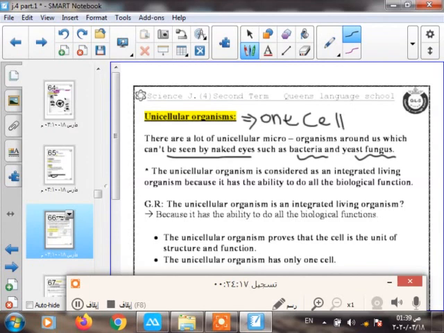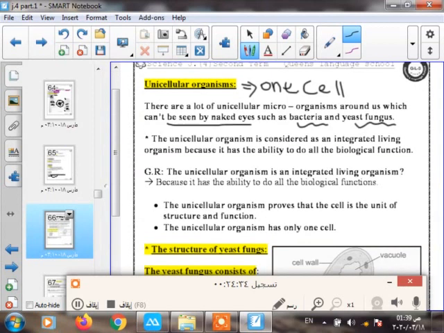Can we see it? No, not by our eye. We need a microscope. They are integrated and can't be seen by the naked eye, like bacteria and fungus. What is the structure of a unicellular living organism?